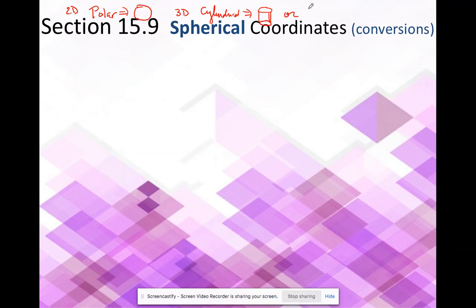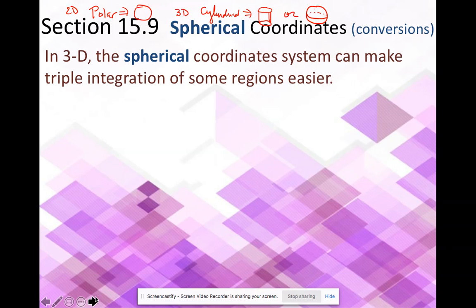Well, we can also sometimes work in spherical coordinates, which is instead of working within a cylinder, it's within a sphere. So we've got to define a couple of new things.